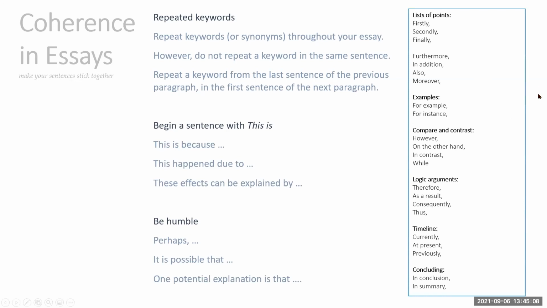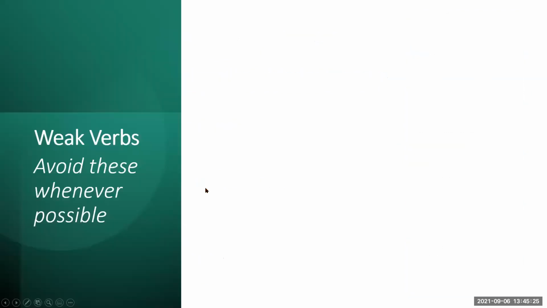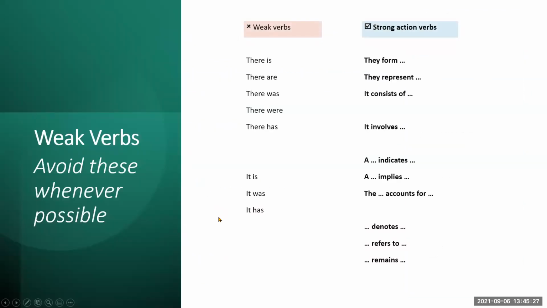Also, use some connecting words such as compare and contrast or logic arguments. So that way you build a story in your research article, especially in the introduction and the discussion sections. Avoid weak words such as is, are, was, were. They tend to be overused and make your writing weak and ineffective. It's better to use strong action words.